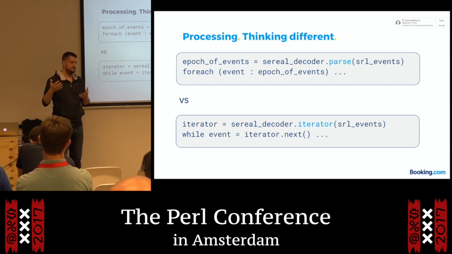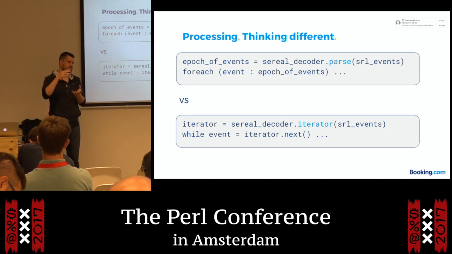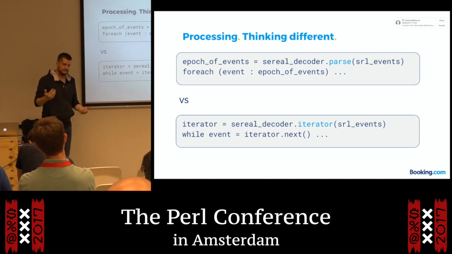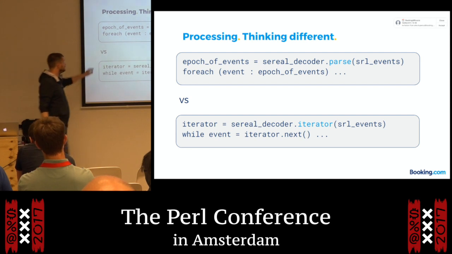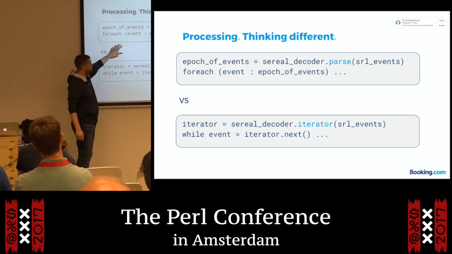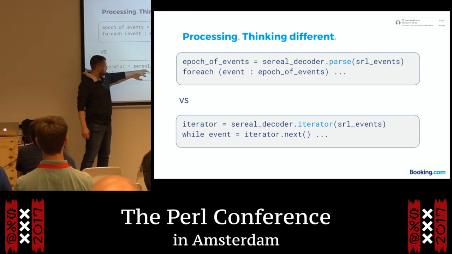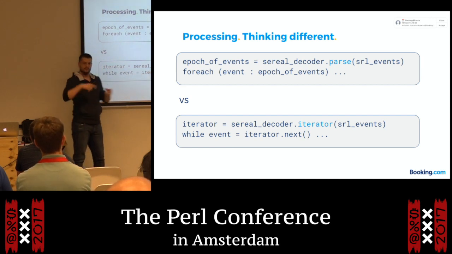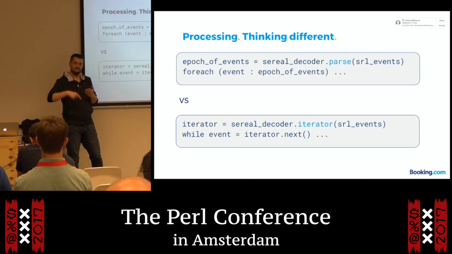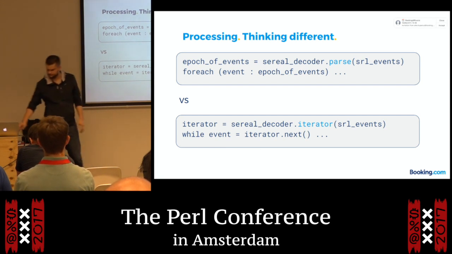Fundamentally, each monitor just has a bit of internal state, for example a single variable if you calculate an average, and each event you process just adds something to it. Very, very simple. So instead of processing the data this way, we thought we could try to have some kind of iterator, and we can deserialize one event at a time, so there will be no massive amount of data in RAM.